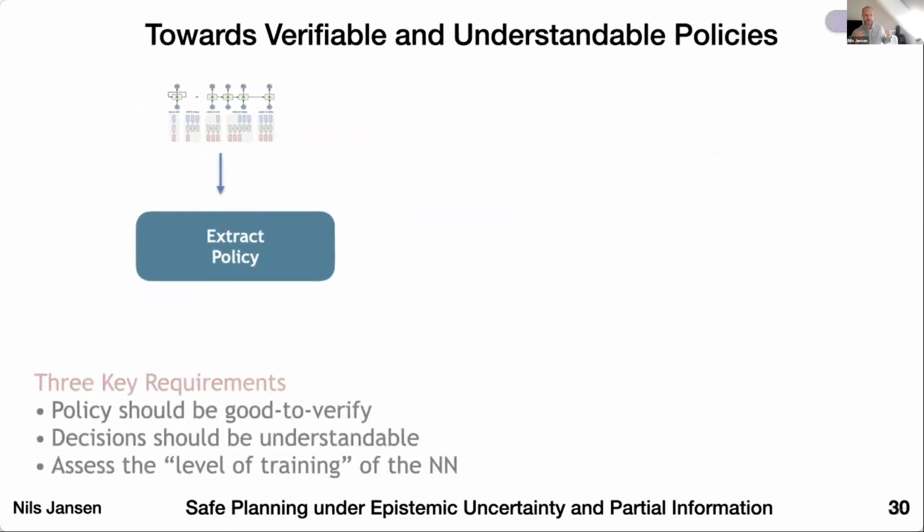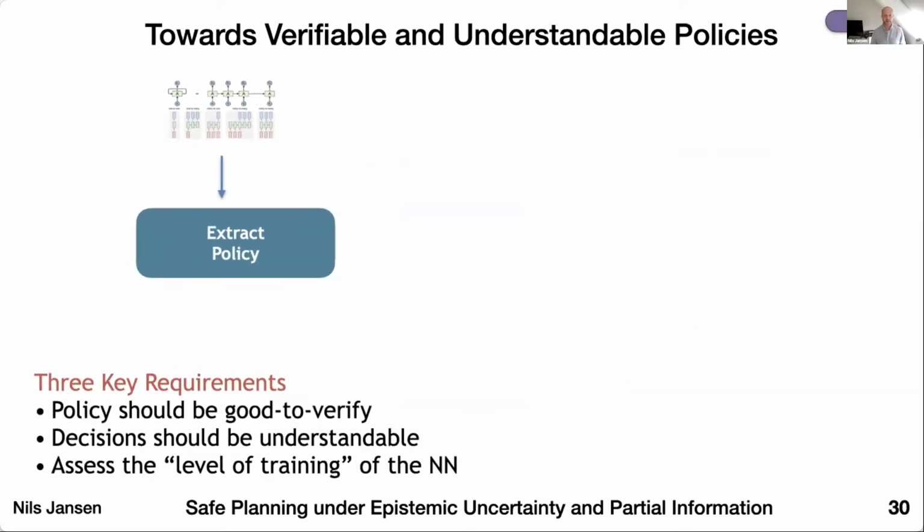This is the extract policy part, where we now put three key requirements. It should be very good to verify, so no matter what policy we get, it should be easy for us to verify. The decisions should be understandable, and we need to be able to formally assess the training of the neural network.